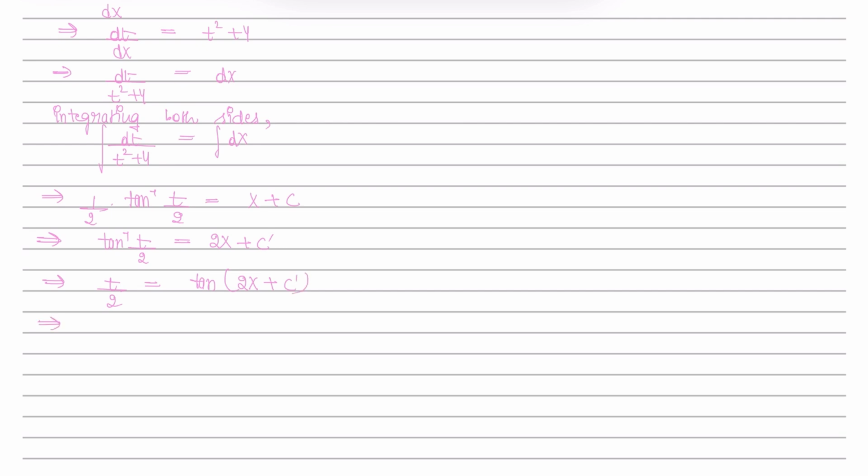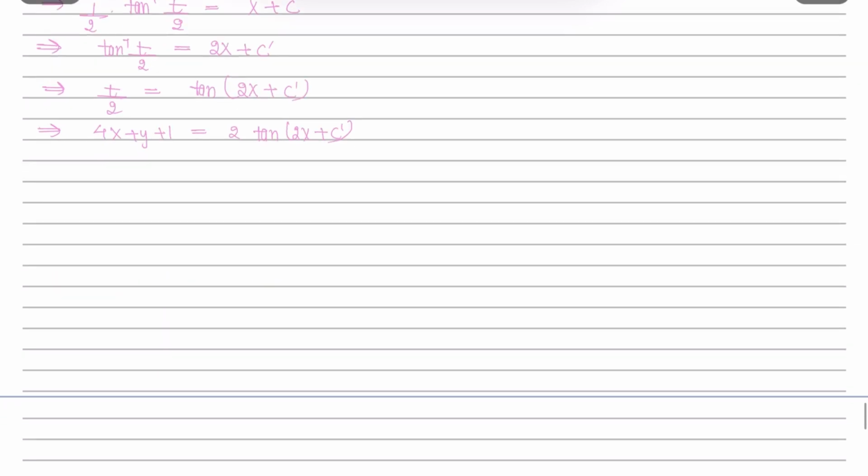Back substituting the value of t here, this becomes 4x plus y plus 1 is equal to 2 times tan of 2x plus c dash, which is the required solution.